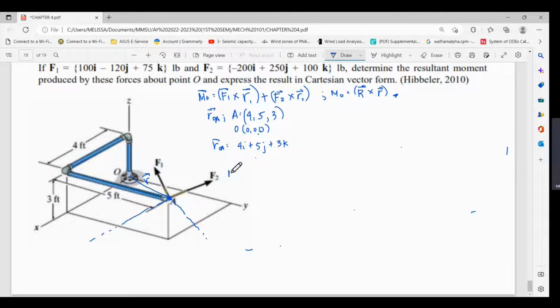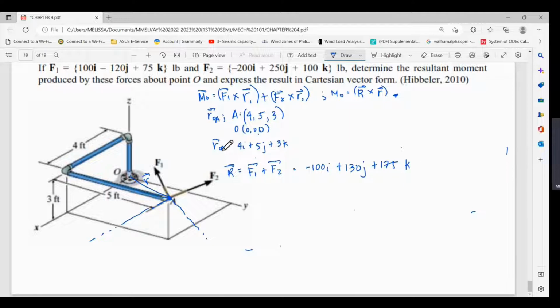So, kunin lang natin yung resultant of R. So, sabi natin resultant is F1 plus F2. So, F1 natin yan, and then F2. So, diretsuin na natin. So, 100 minus 200. So, we have negative 100I. Negative 120 plus 250. So, we have, ilan? Plus 130J. Tapos, plus 175K.